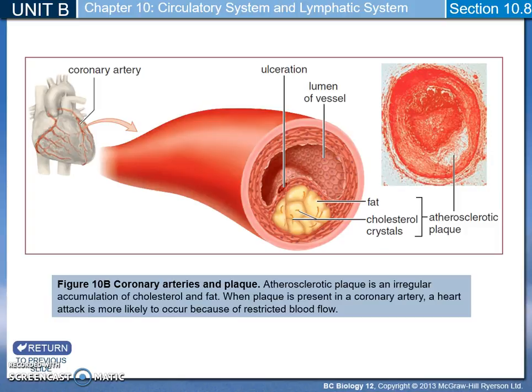The artery can sometimes get very severely blocked, so it really impedes blood flow, and that's when the situation becomes more immediate and needs to be attended to, especially when it affects the arteries of the heart itself. A heart attack is more likely to occur with restricted blood flow of the actual coronary vessels, the coronary arteries.